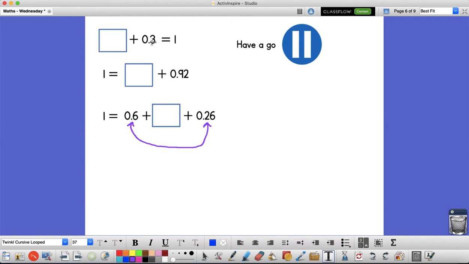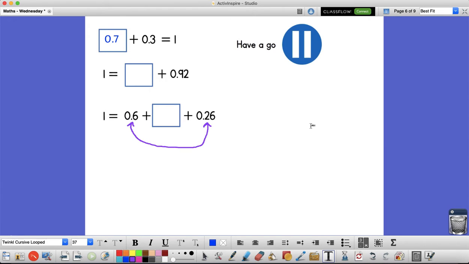So 0.3 goes 0.4, which is 1, 0.5, which is 2, 0.6, which is 3, 0.7, which is 4, 0.8, which is 5, 0.9, which is 6, and 1 whole, which is 7. So we've counted on 7 more tenths to get to 1. So that is simply 0.7.